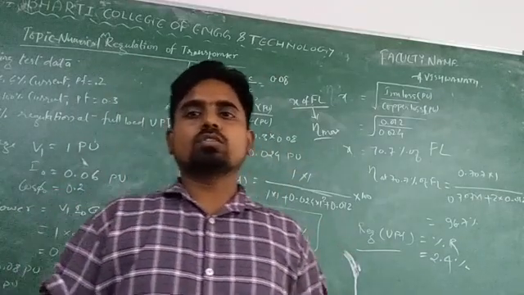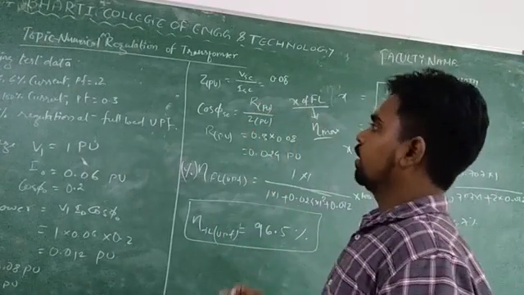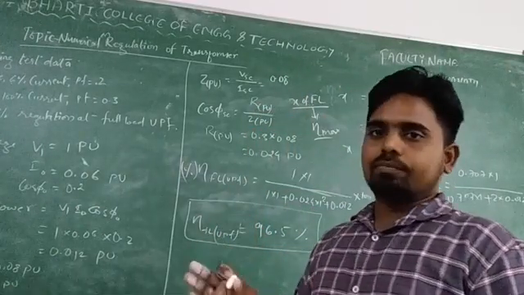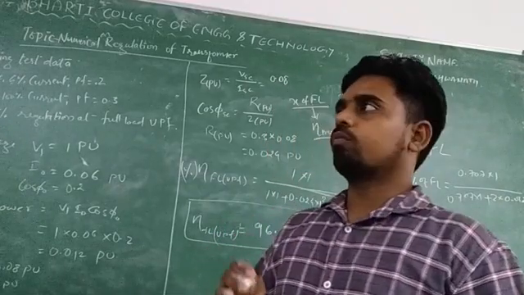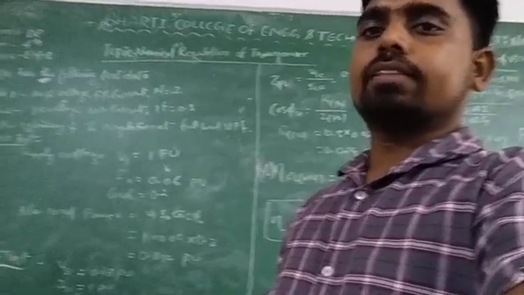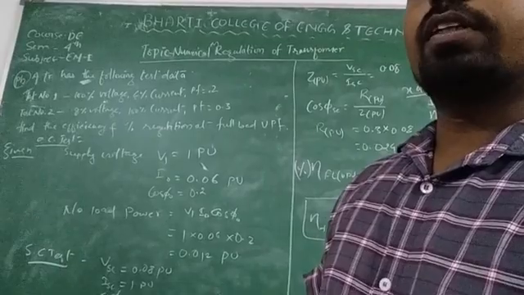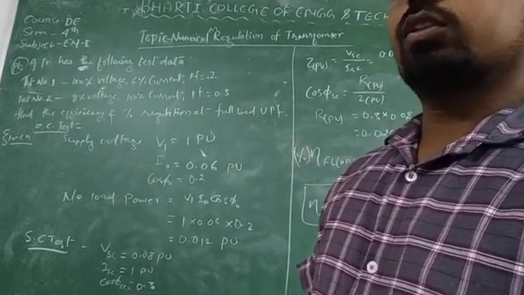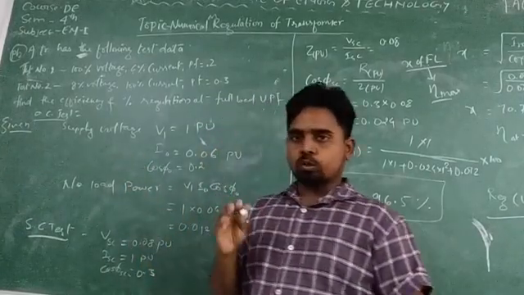Okay. So in this numerical we have seen the two tests, the no load test and the short circuit test. From these two tests we can find the efficiency. In this question we have the no load test data and short circuit test data.